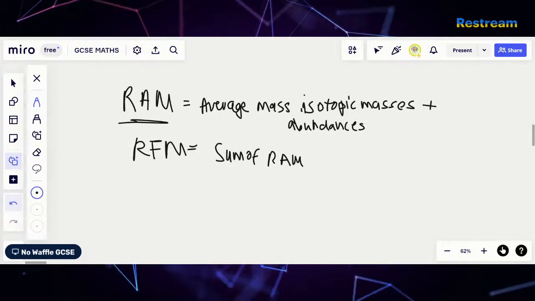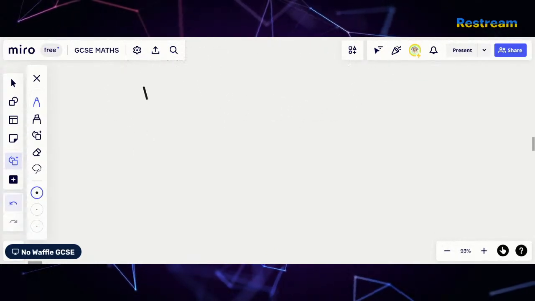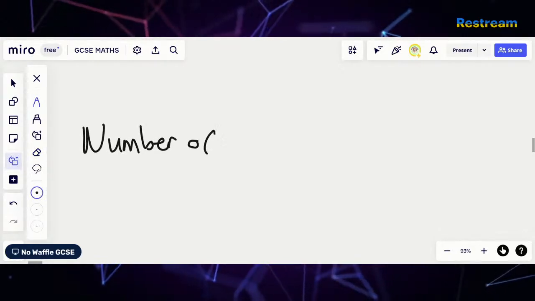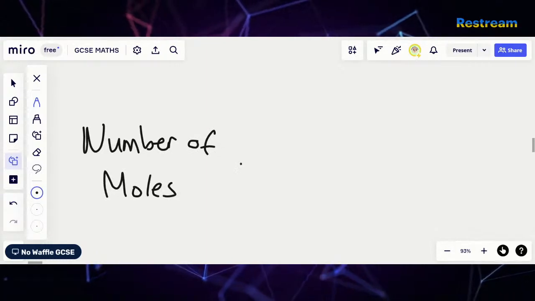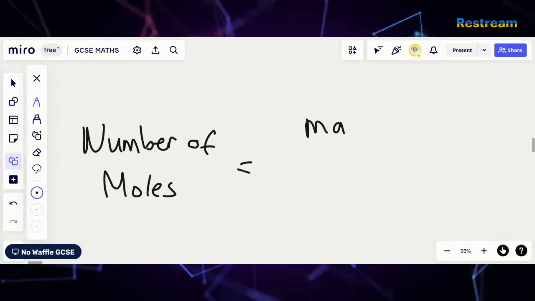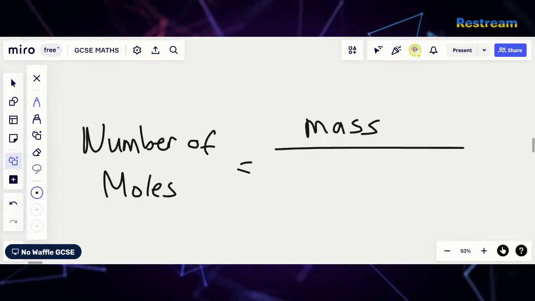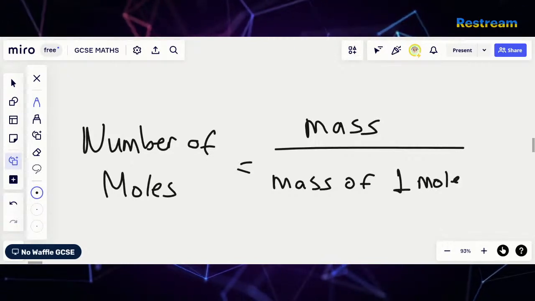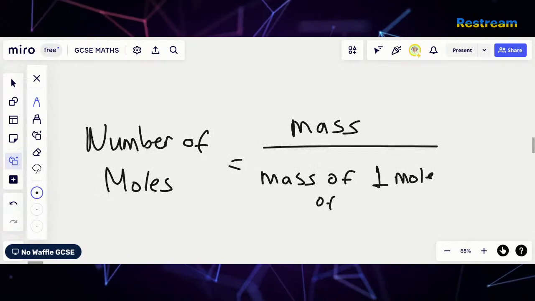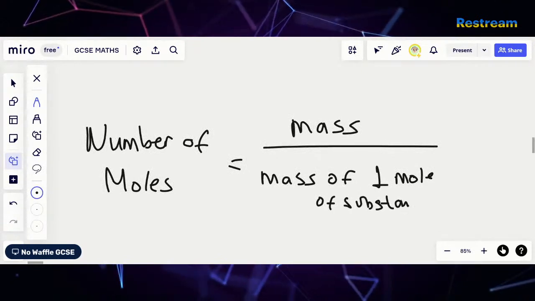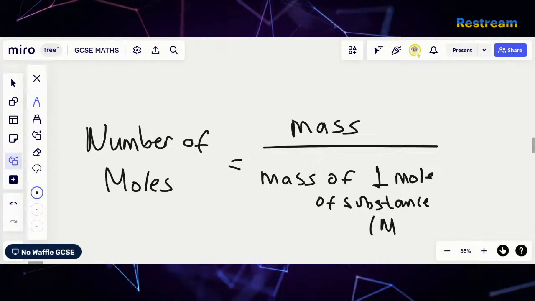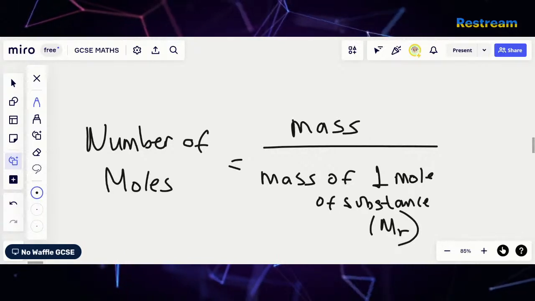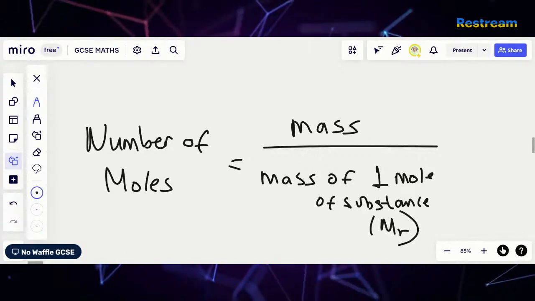So now we're going to look at what moles is. The key equation in this topic is: the number of moles is equal to the mass of a substance divided by the mass of 1 mole of a substance, which we know as Mr. The mass of 1 mole of a substance is the number that you have.